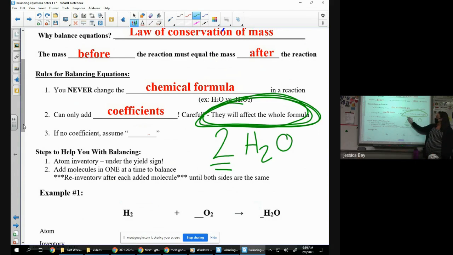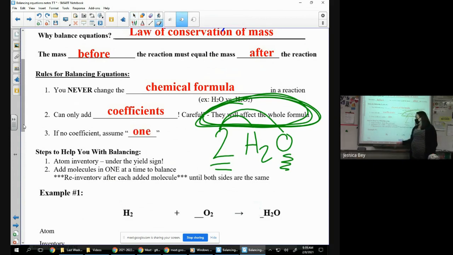This number distributes all the way through. If you wanted it to just affect the oxygen, I'm sorry, it also affects the hydrogen. That's what makes balancing equations challenging. One other tiny rule, just to keep everything neat: if you have no coefficient, you assume a 1. So don't start putting 1s everywhere, because nothing written there means 1.